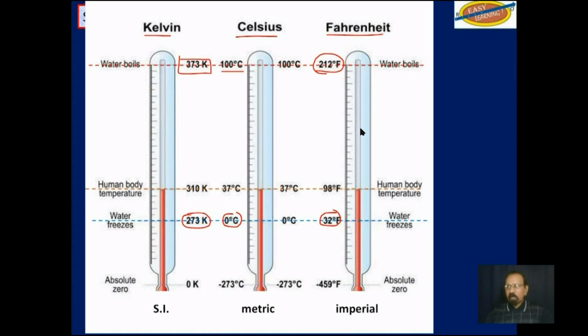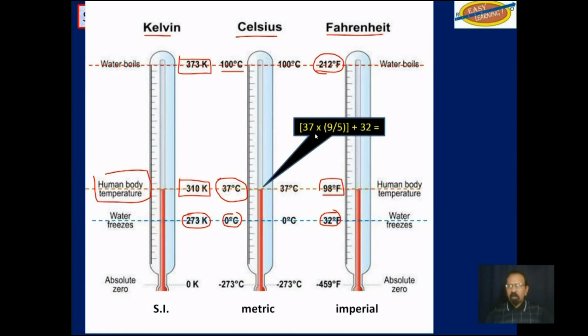And human body temperature, just for reference, in the Kelvin scale is 310, in Celsius is 37, and in Fahrenheit, this drawing here has 98 actually. If we take that 37 over there, we multiply by 9 over 5 and then add 32, we actually get 98.6 degrees Fahrenheit.